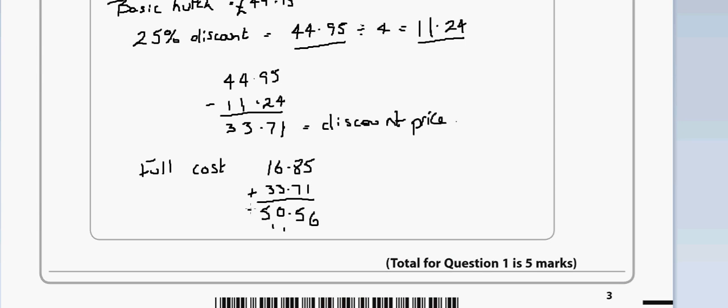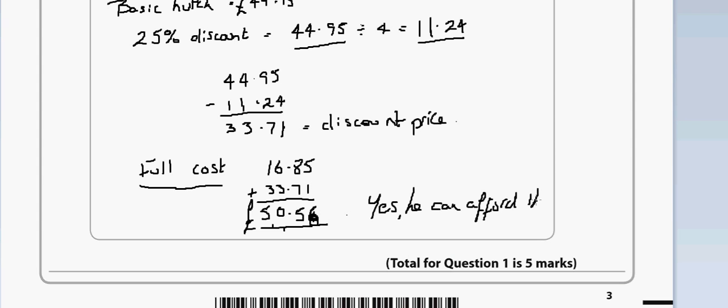Okay, so obviously you write this a lot more tidy than I've done, but the full cost would be £50.56. Okay, so we can say yes, he can afford this.